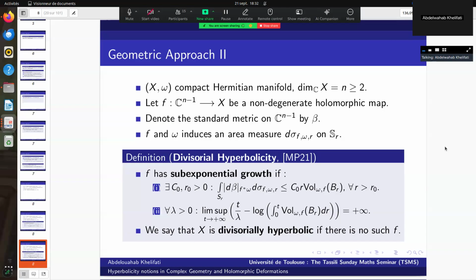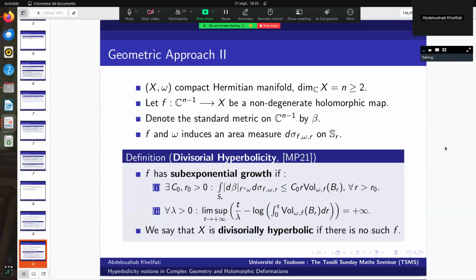So another way to define hyperbolicity, keep in your mind the unit disk model, or the upper half plane. It has this property on volume growth of domains.